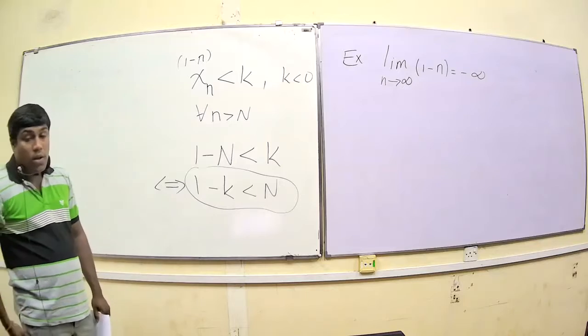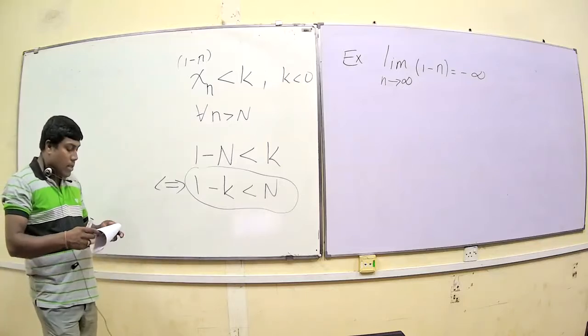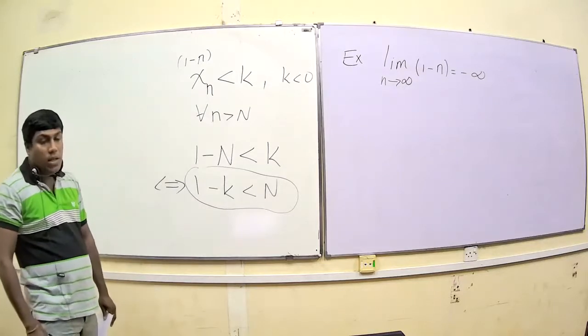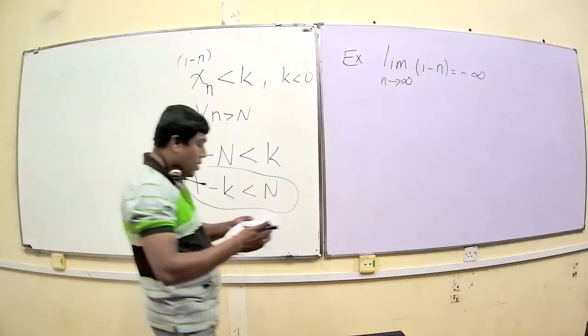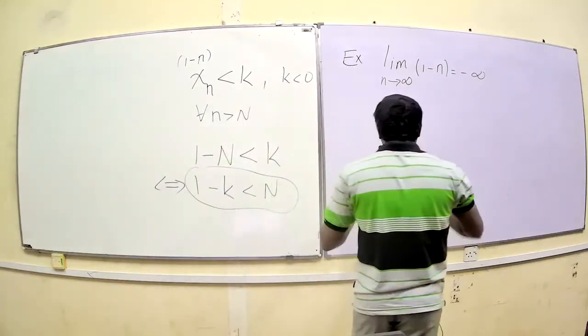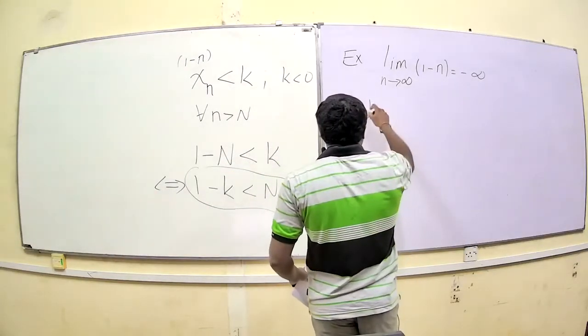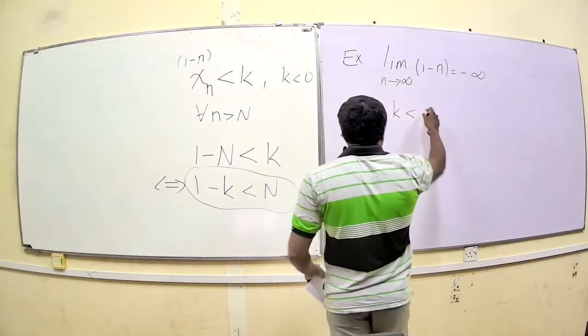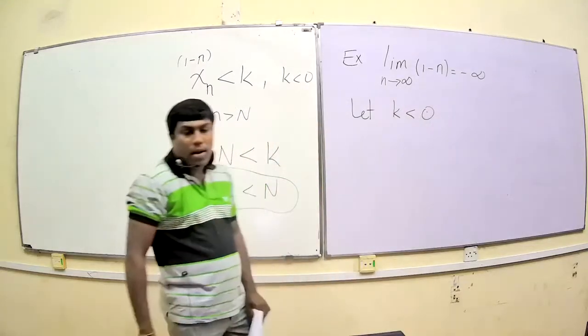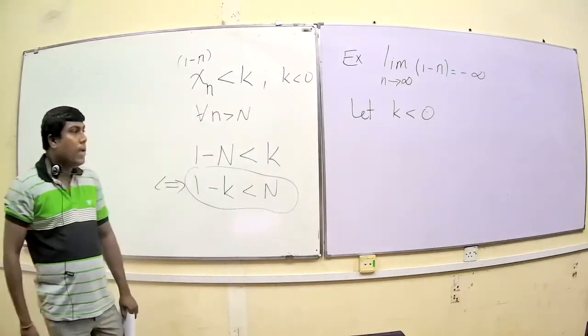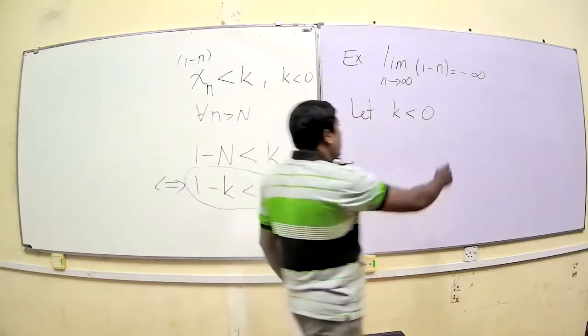We already saw that we can define certain conditions by using the Archimedean property. So here, I'm going to start with: let k be a negative number.